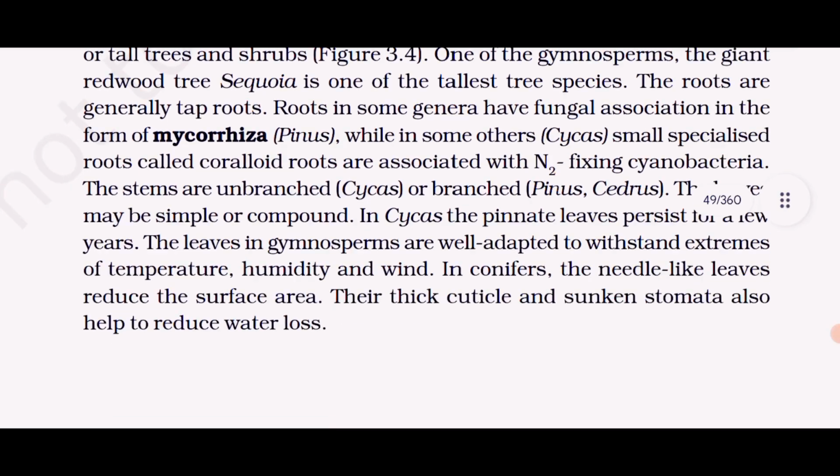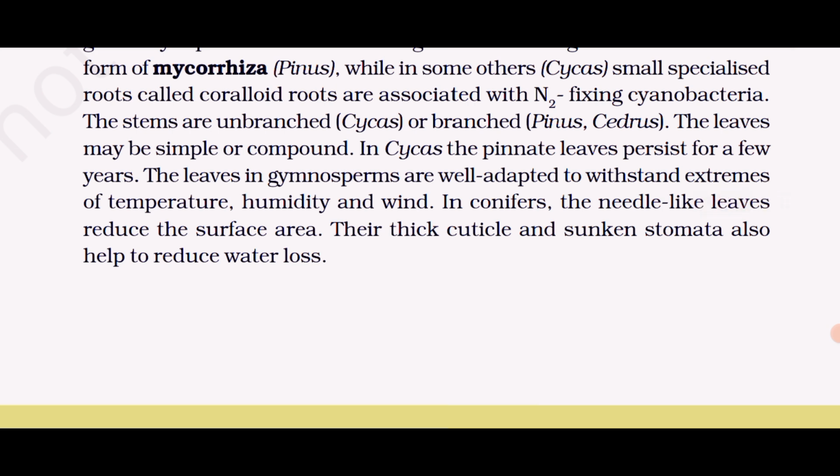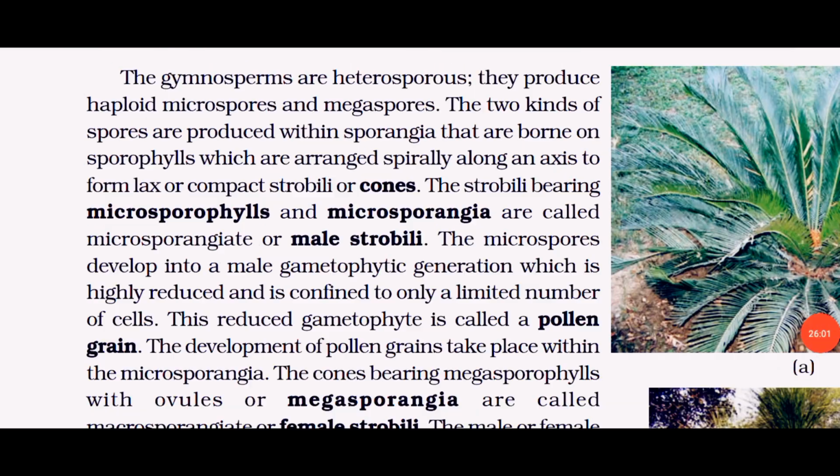The leaves in gymnosperms are well adapted to withstand extremes of temperature, humidity, and wind. In conifers, the needle-like leaves reduce the surface area. Their thick cuticle and sunken stomata also help to reduce water loss.